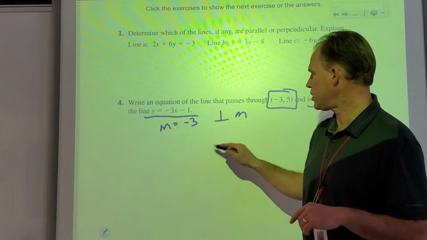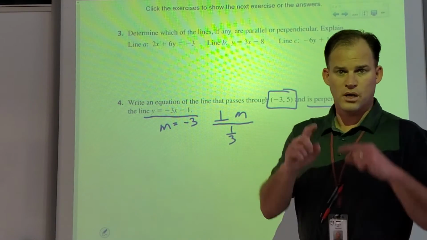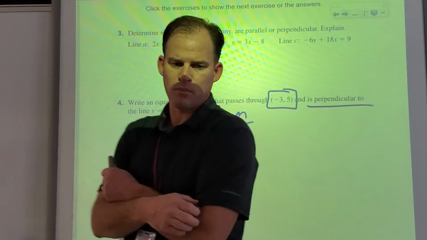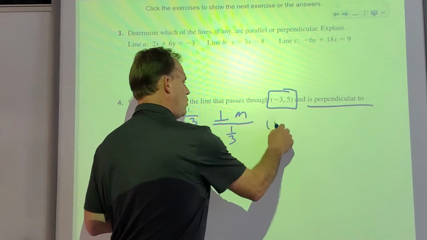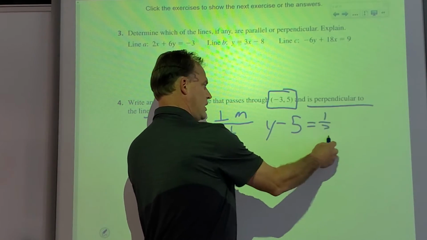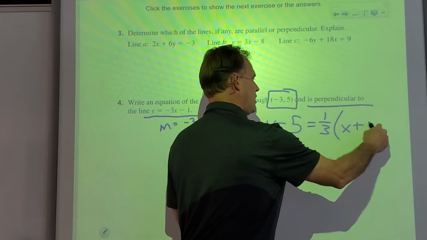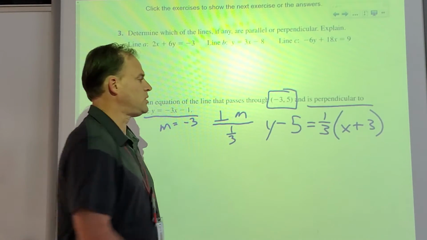Do the opposite reciprocal, and that's positive 1/3. Flip it, change the sign. Okay? So now I go about doing what I've been doing. y minus y1 equals, use my perpendicular slope, x minus x1, and finish the problem like we've been doing.